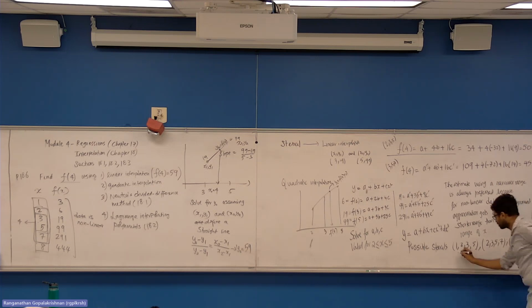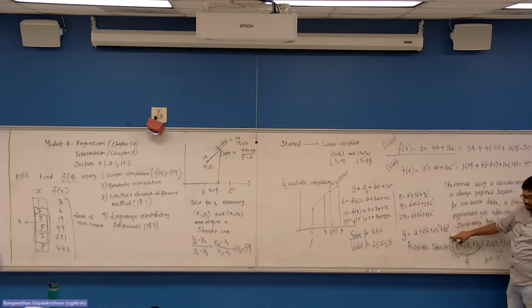The range of the first is 5 minus 1, which is 4. The range of the second is 7 minus 2, equal to 5. And the range of the third is 8 minus 3, equal to 5. I would pick the one with the narrower range, which is 1, 2, 3, and 5.